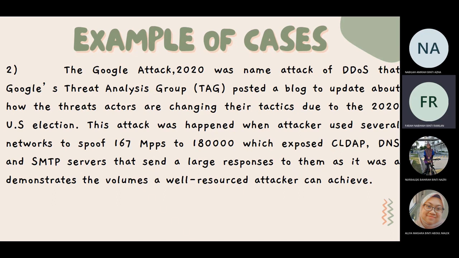This attack happened when the attacker used several networks to spoof, exposing CLDAP, DNS, and SMTP servers that send large responses to them, as it demonstrates the volume a well-resourced attacker can achieve.